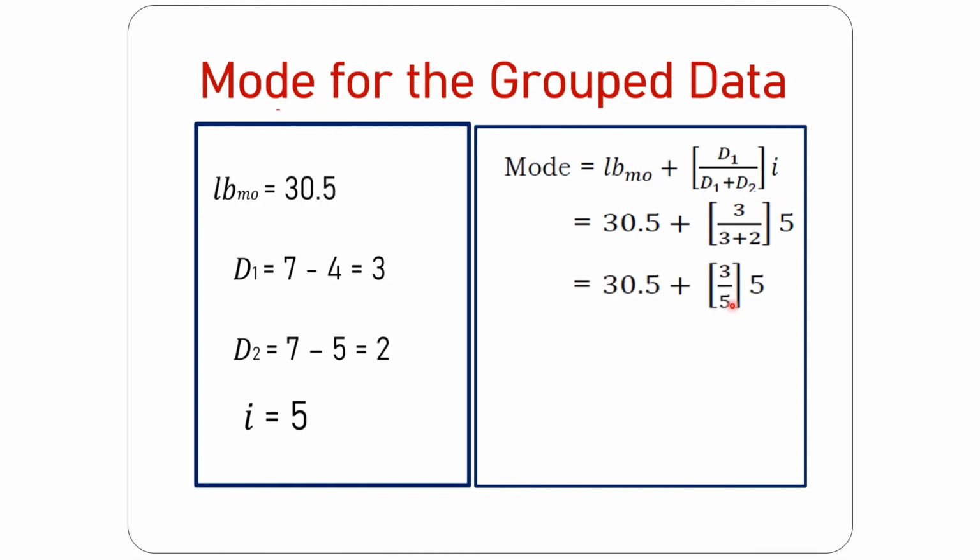So we have 3 plus 2 is 5, then 3 times 5 is 15. Then get the quotient of 15 and 5. The result is 3. And lastly, add 30.5 and 3. Then the sum is 33.5.